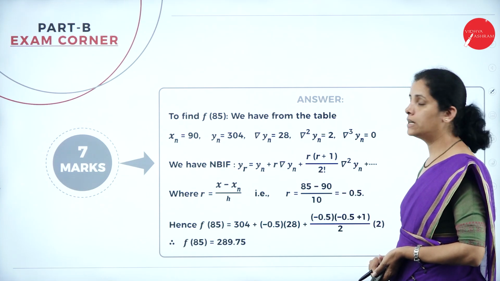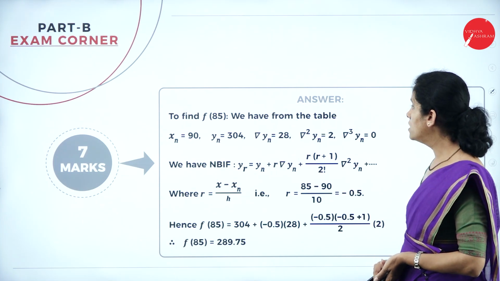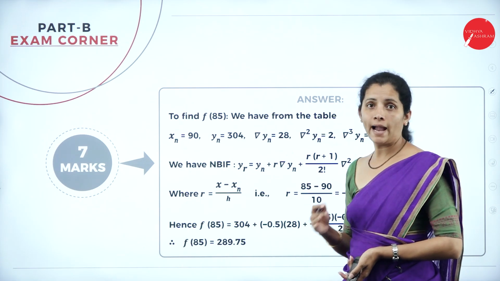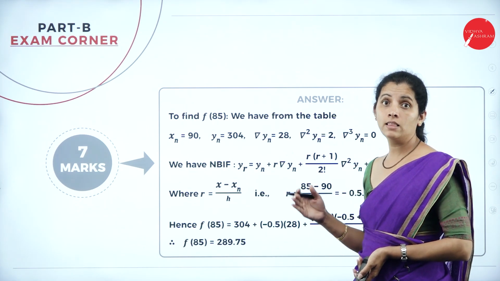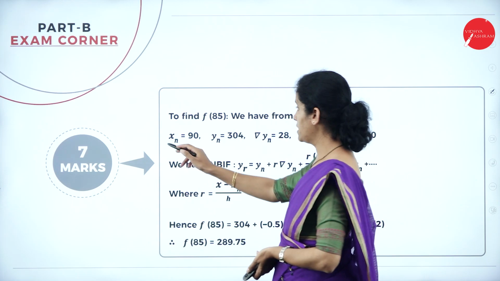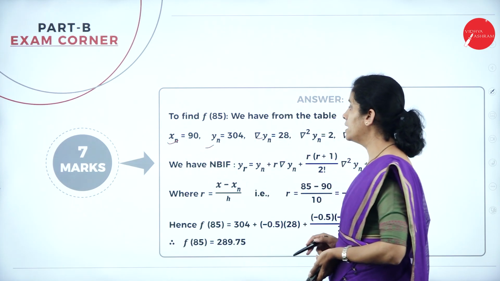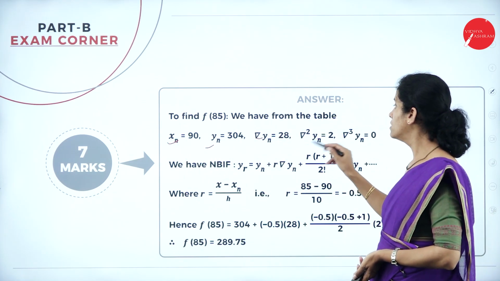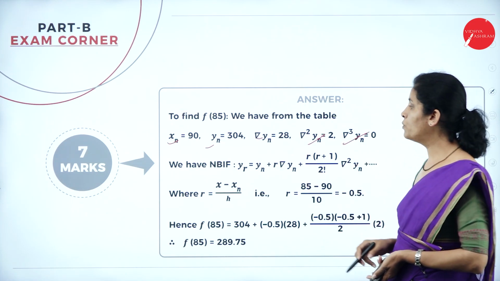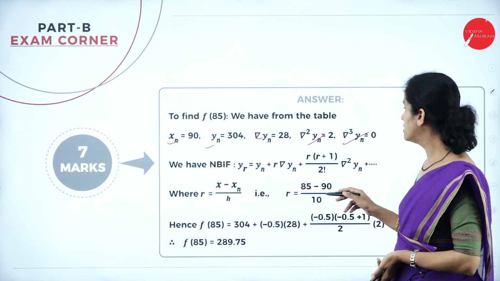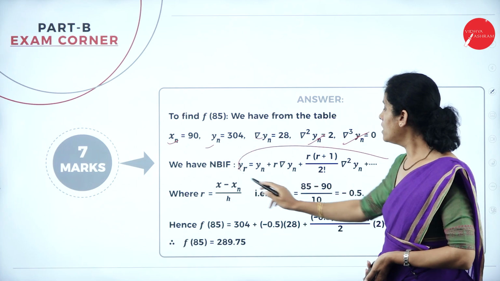And if I consider Newton's backward interpolation formula, see here, backward means we start from the nth element. So xn, yn, delta yn, delta square yn, delta cube yn. See here, all are plus.